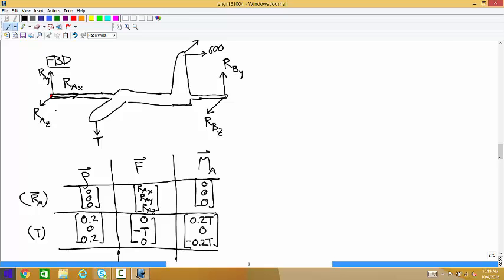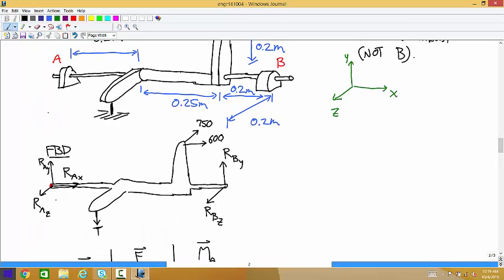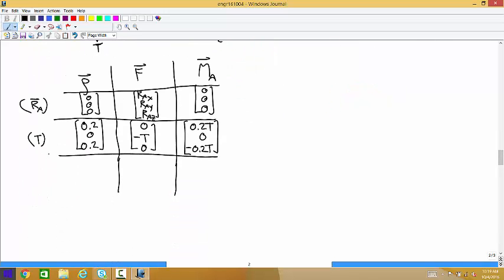And now we get up to the forces of 750 and 600. Can we treat those as one? You can treat them as one, yeah, or you can break them up into two.